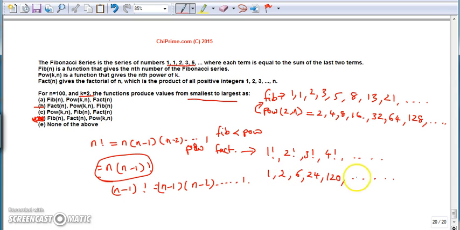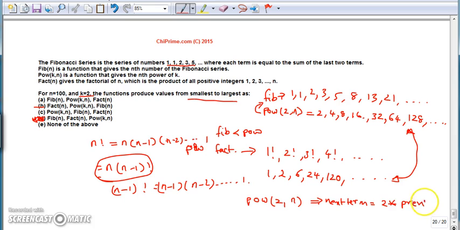Now, if we compare the factorial function and the power function, we see something interesting. In the power function, in pow of 2 comma n, the next term is always 2 times the previous term.